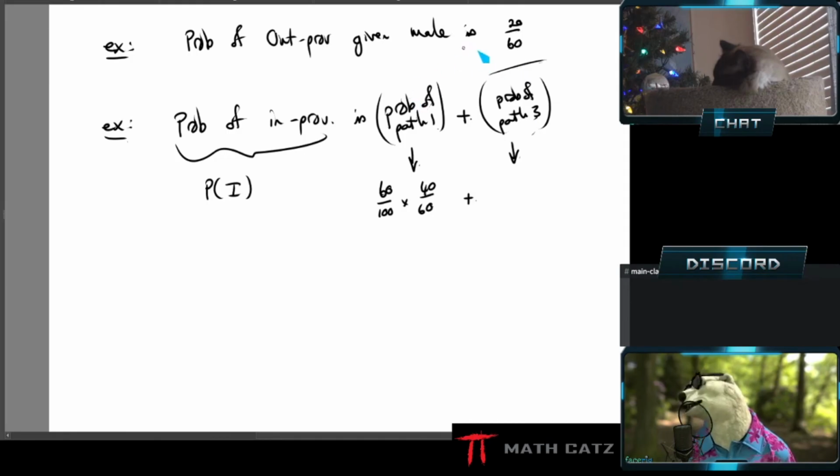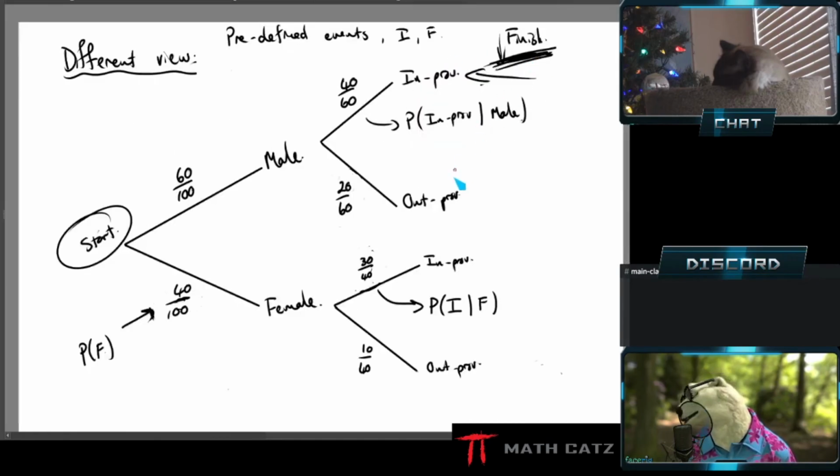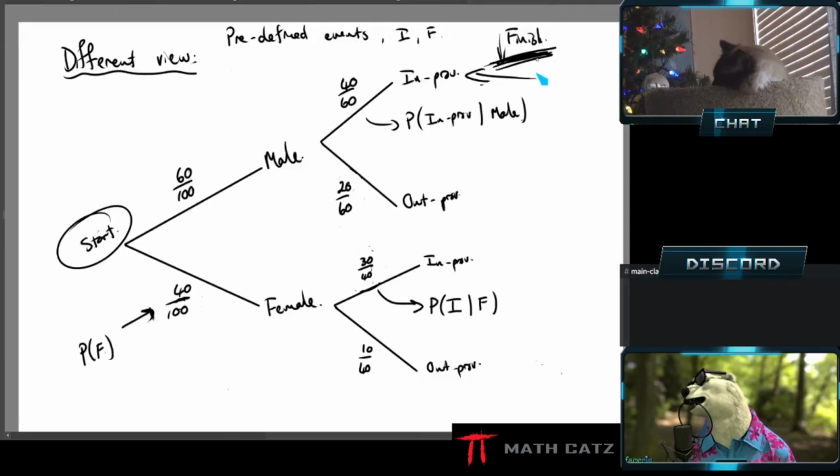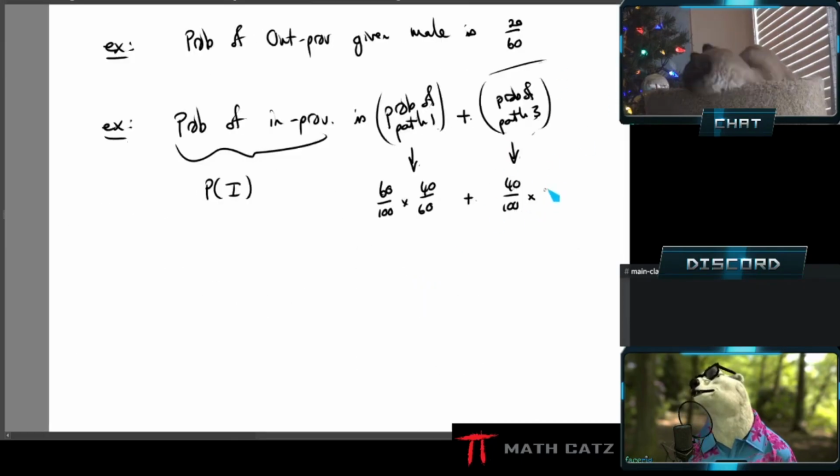And they are not overlapping, so I add them together. For path 3, multiply along the path. That's the probability of the path. So 40 over 100 times 30 over 40. Now, it's just the simplicity of the question that these cancel. It's not always going to happen. And there you go. That's my answer.